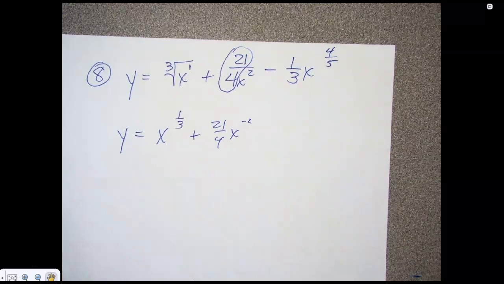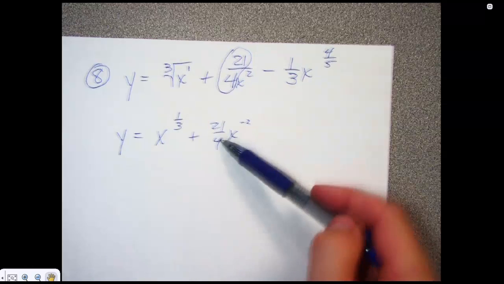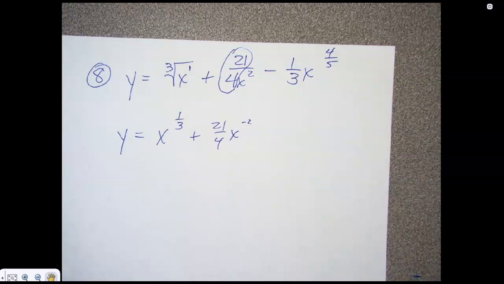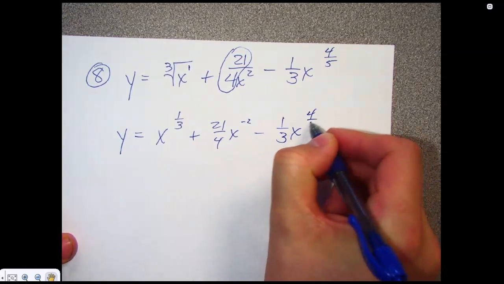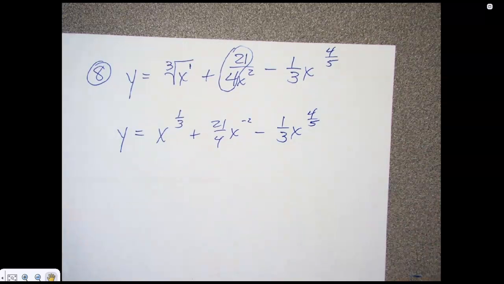You can't bring the 4 up unless you make it a 1/4, but then it just becomes messier. And if you brought it up and made it 1/4, what's 21 times 1/4? You end up at 21/4 anyway. So don't try to bring the constant up. Constants stay where they are. The variable can't be on the bottom. And then this last one is actually fine. I don't need to rewrite that.